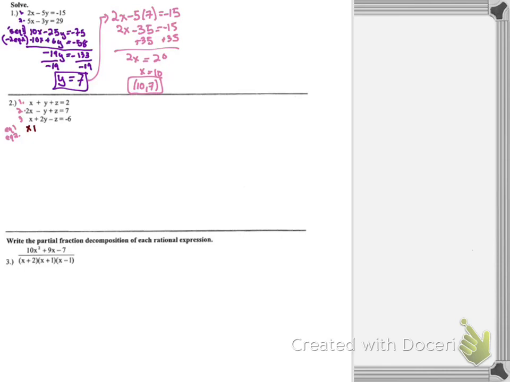So I have x plus y plus z equals 2, 2x minus y plus z equals 7. I end up with 3x plus 2z equals 9. This will give you my equation 4.